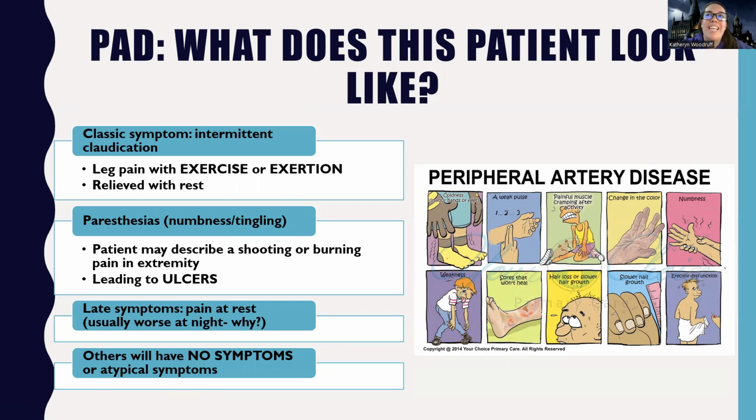You don't really need it at night. Your body's not preparing your muscles for exercise you're not doing. So needless to say, you're going to have less cardiac output to your extremities at night. Some people may have no symptoms, or they can have more atypical symptoms as well.